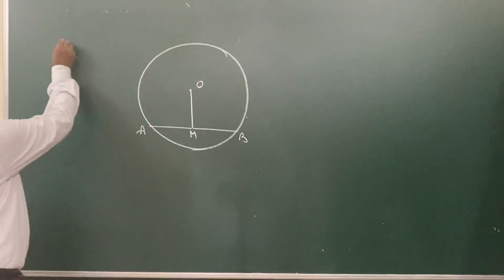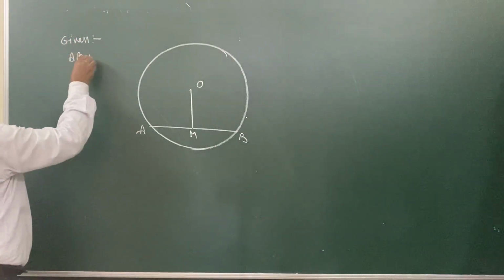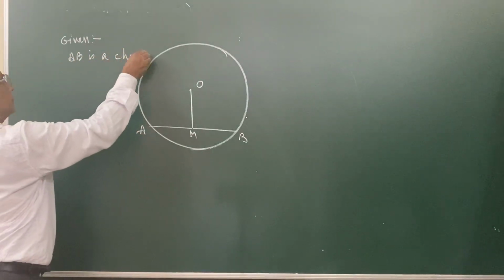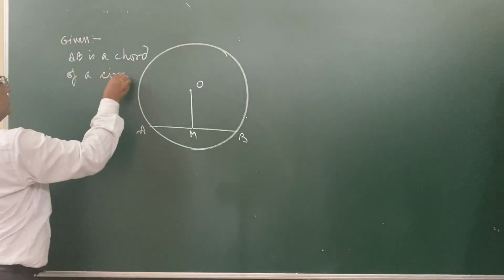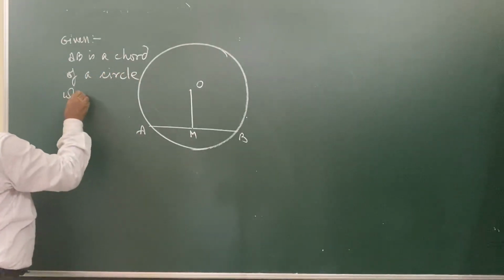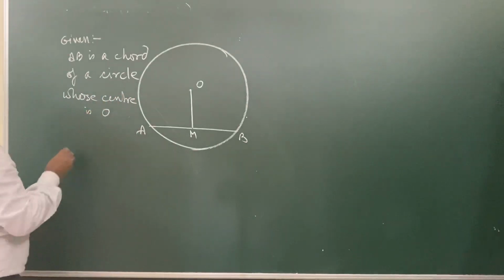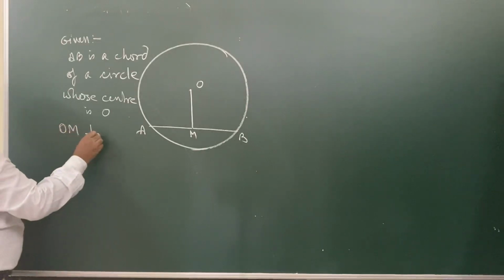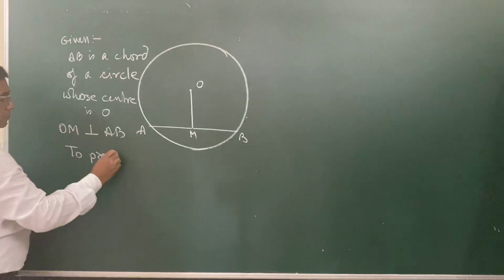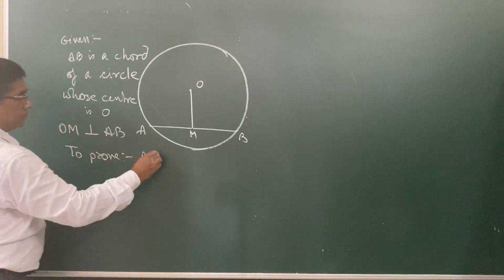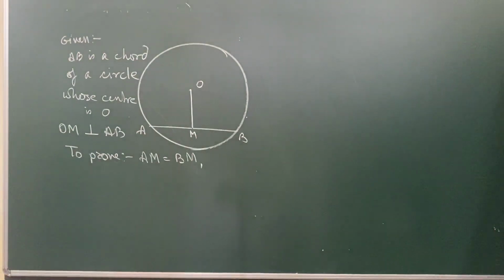So we are given AB is a chord of a circle whose center is O, OM perpendicular to AB. To prove AM equal to BM, we have to prove AM and BM are equal.